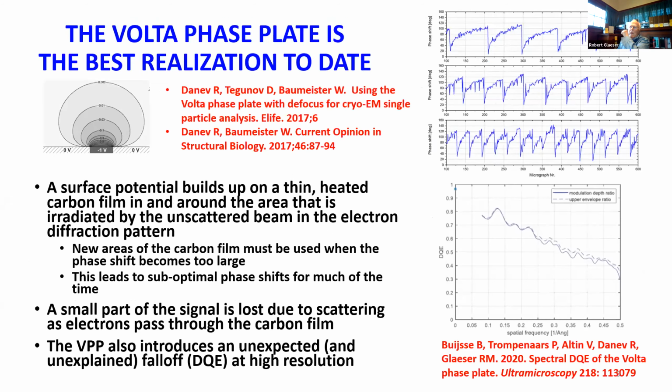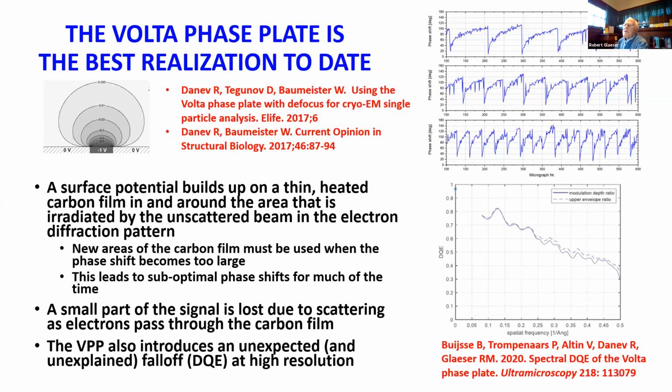Now, the Volta phase plate I mentioned before is the best realization of a phase plate to date. And the way that a Zernike type phase difference is produced is when the electron diffraction pattern in the back focal plane is put onto a thin carbon film.